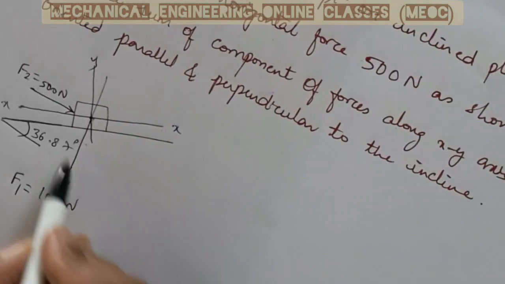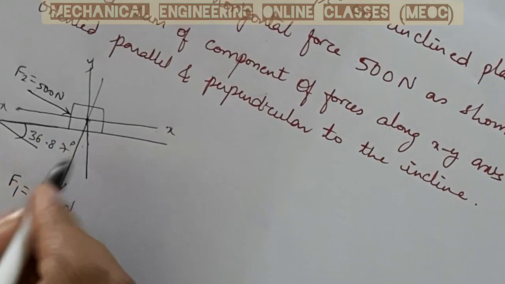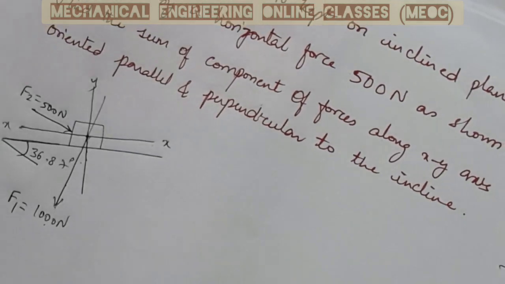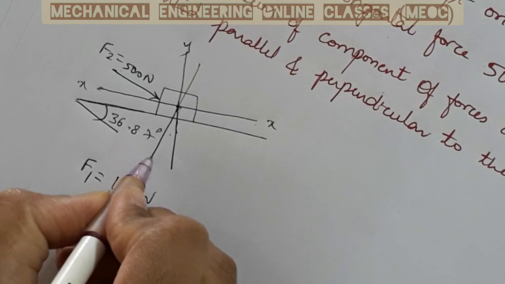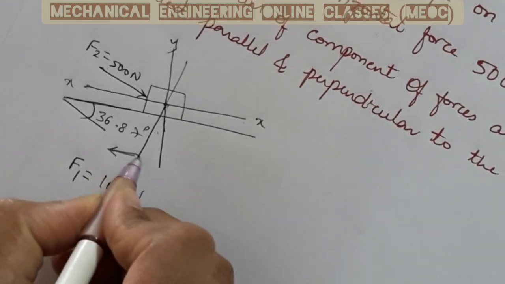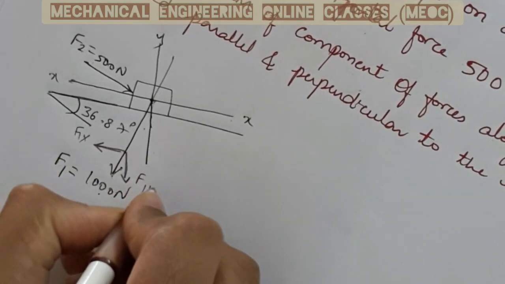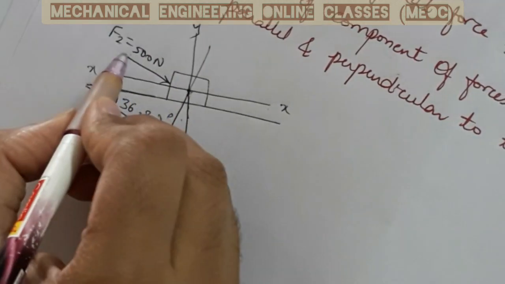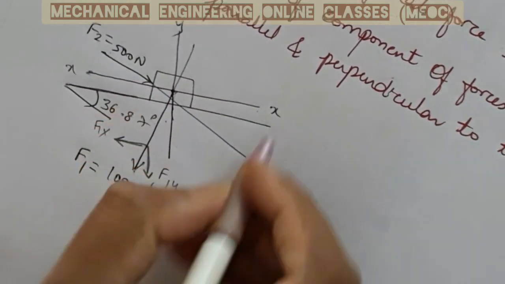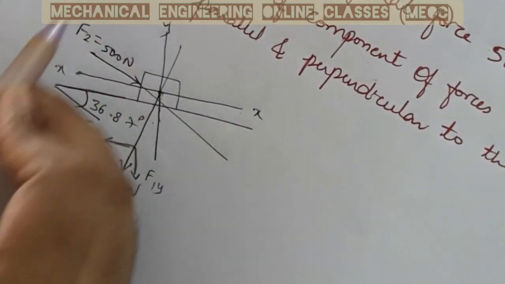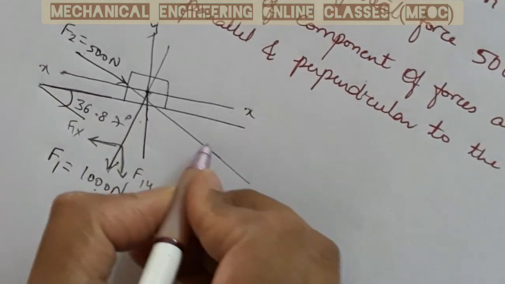So for example, this is F1. If I am to split this F1 along x and y, how will it be? F1x will be leftward, F1y will be downward. This is F1x, this is F1y. Now if I am to split this F2 along x and y, I am just extending it because it will be cumbersome here, splitting it along the same line of action of force.